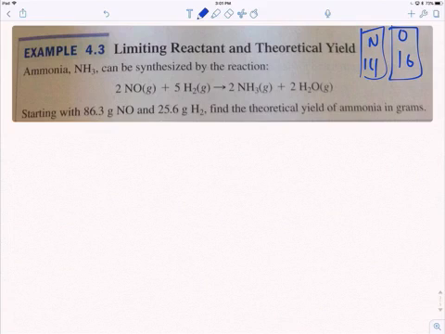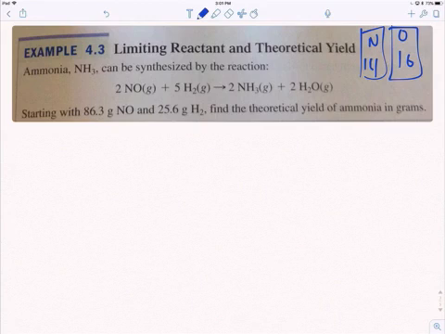Okay. So we're in chapter 4, and we're studying stoichiometry and some of the chemical accounting of things. And we start out with the concept of limiting reagents. We start off with the most general case, where we have a huge excess of one thing, and we're limited, and it's obvious what we're limited by.